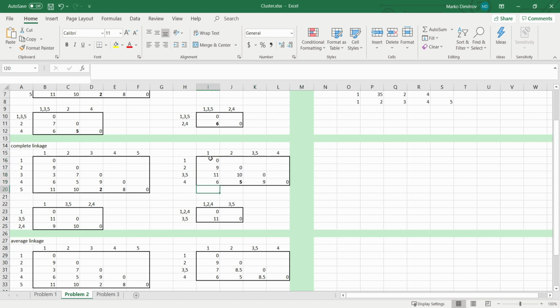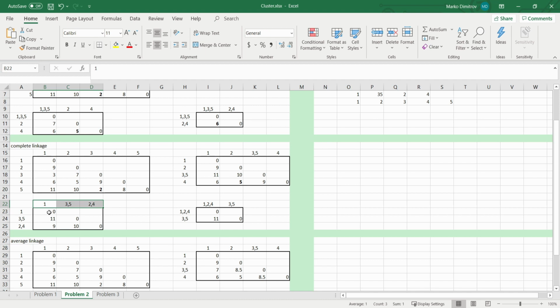So again, we take the maximum distance between clusters, but for the similarity, we still merge the most similar, so the minimum distance. So here we will merge clusters 2 and 4. Now we will have clusters 2, 4, 3, 5, and 1. So we will have 3 clusters.